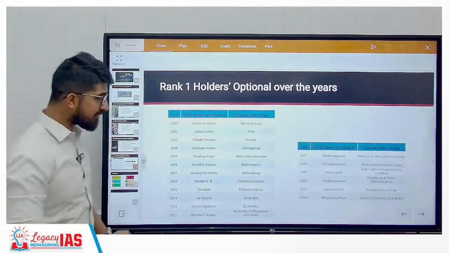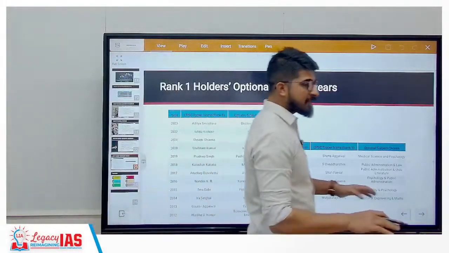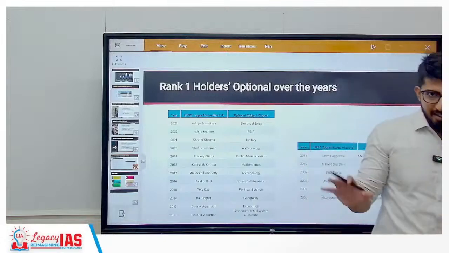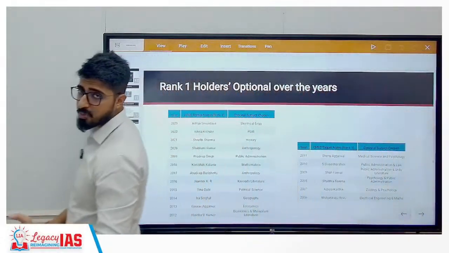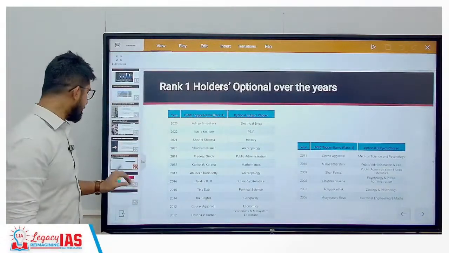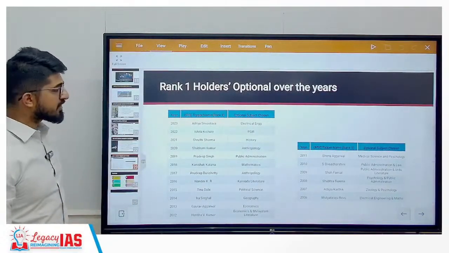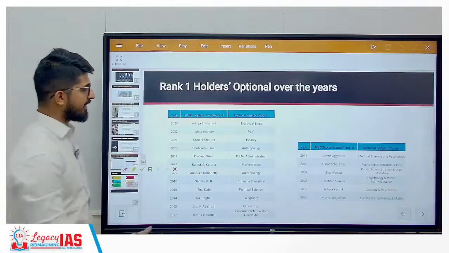Next. Now, choosing an optional, people think about the first rank people, what have they chosen as optional? Just look at the varied nature of the subjects they have chosen so far.